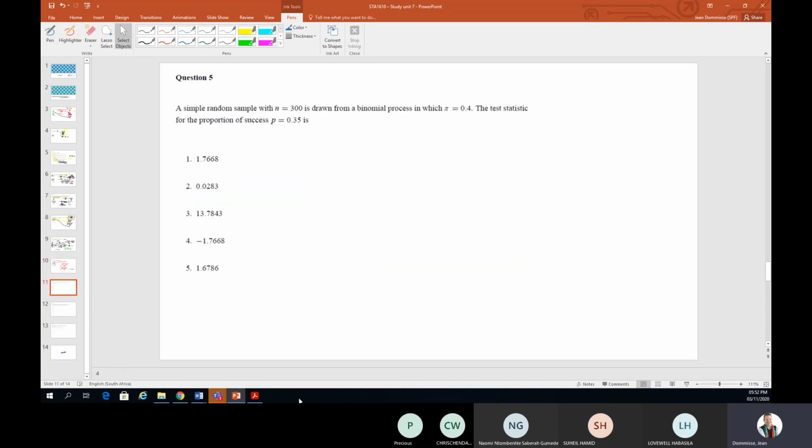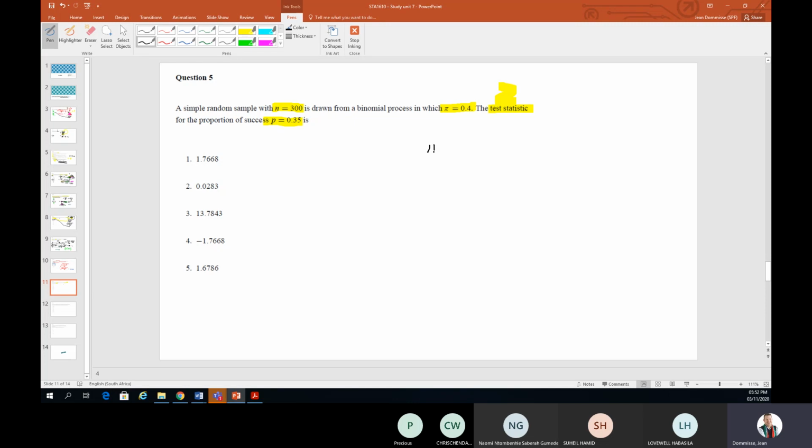Okay. So let's look at another problem. So again, they give us n is equal to 300. They tell us there's the population proportion, there's the other one. So we need to work out the z. Okay, that's interesting.